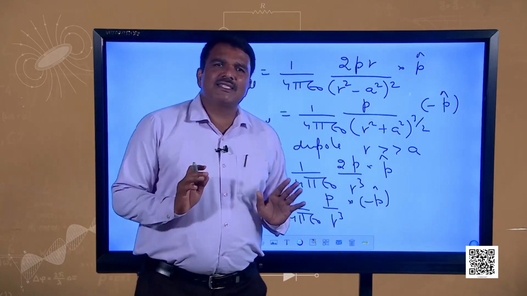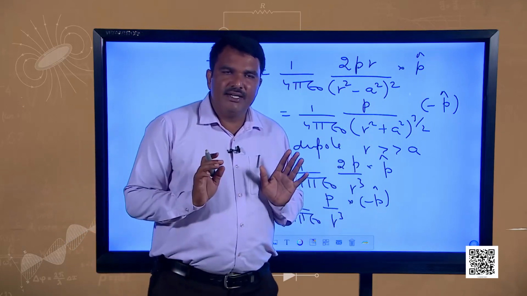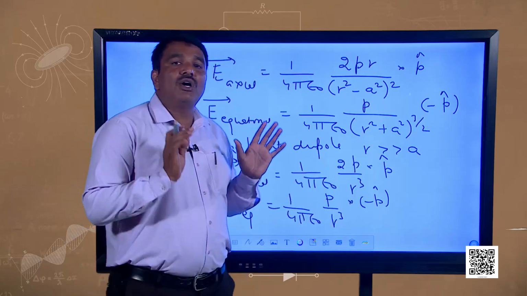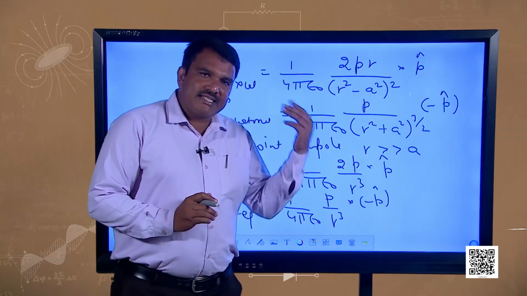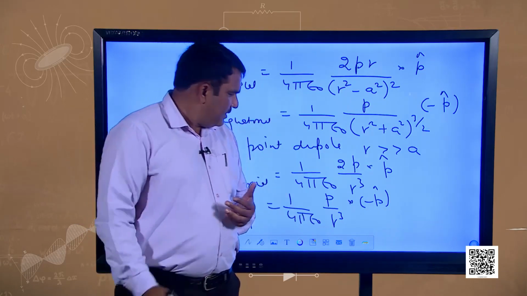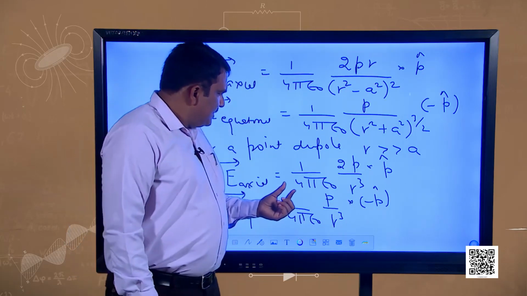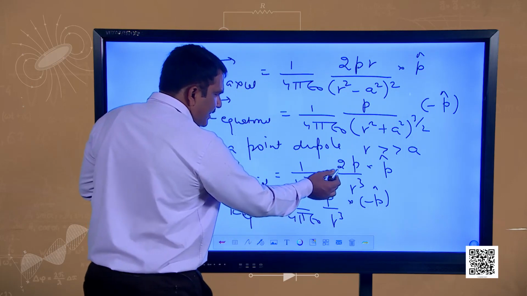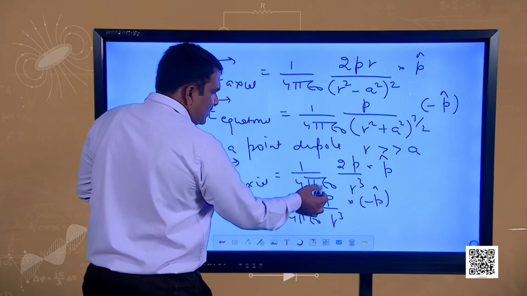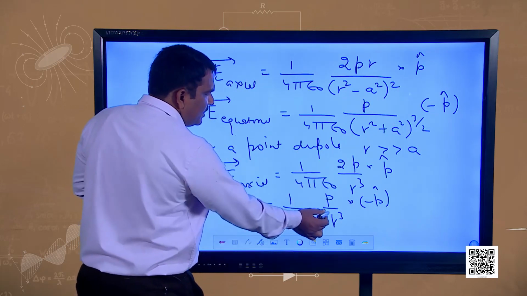If we just leave the direction of electric field, and we just want to compare the magnitudes of electric field on axial line and equatorial plane, we can easily observe that the electric field on axial line is just twice the electric field on equatorial line.